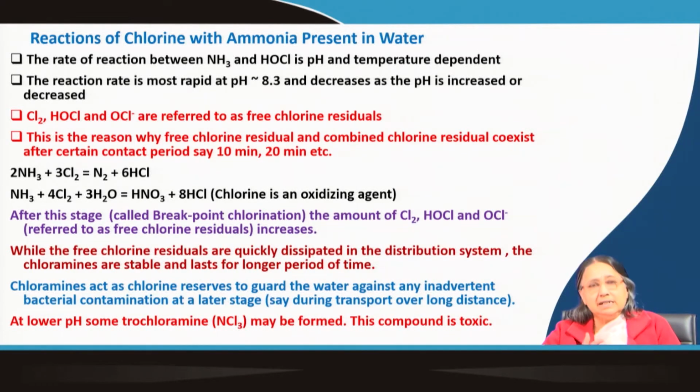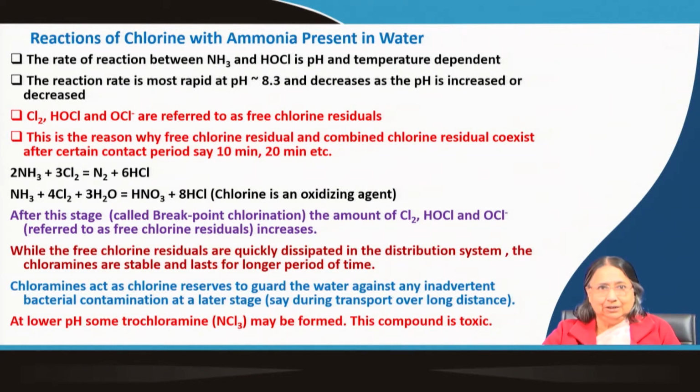So, when you disinfect in some place, you do the treatment, the disinfection, and then you have to transport the water from that place to some other place. During the passage, you have to protect the water. So, if the chloramines are present there, then they can protect the water during transport.